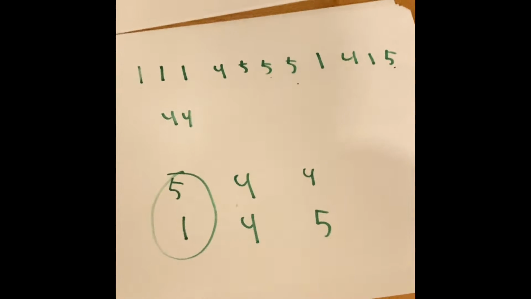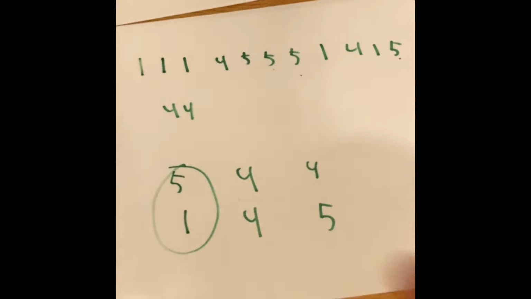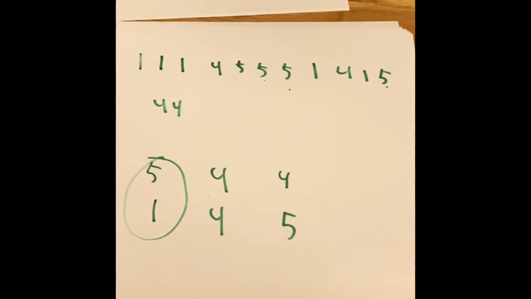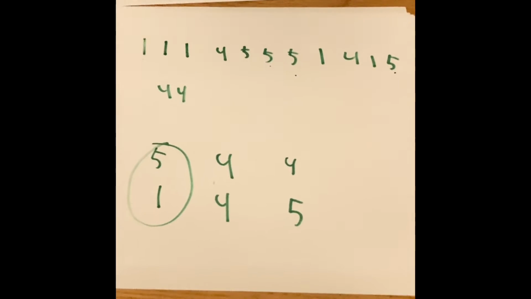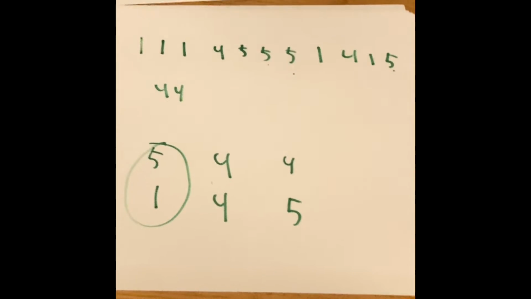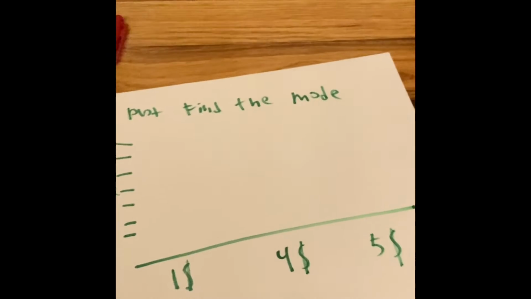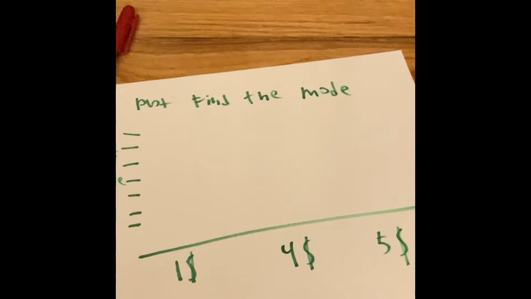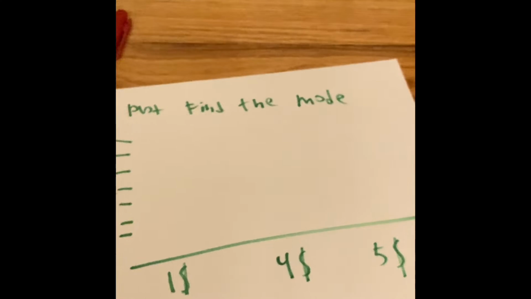In that video, we calculated the mode, which means the most. Today we're going to find out in a different way which one got the most sales. But this time, we're putting it on a table, and that table is called a bar graph.